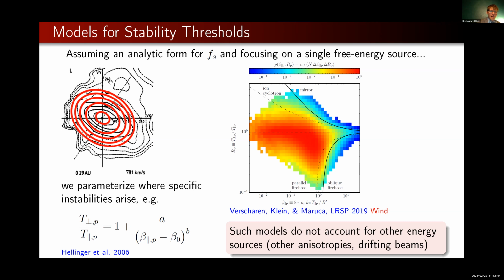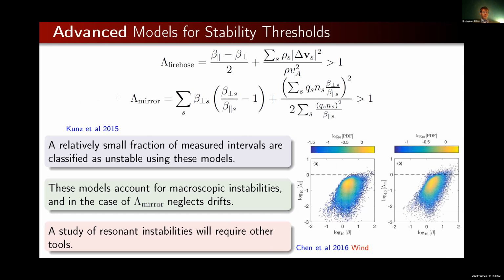They don't account for this beam out there. They don't account for each of the components having different anisotropies. So one can attempt to build different fluid parametric models, effectively accounting for all of the free energy in parallel. So in this case, the excess parallel pressure minus the excess perpendicular pressure, all drawn together.